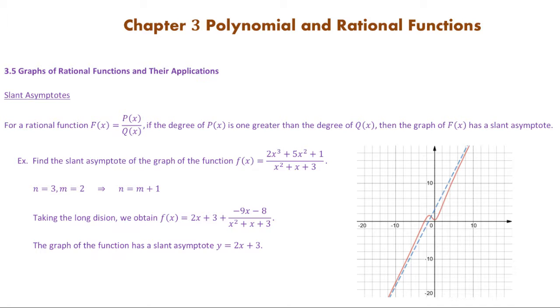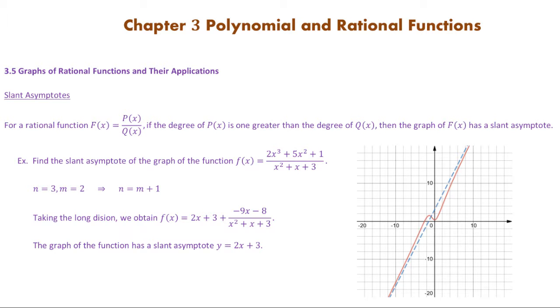So we got the quotient of 2x plus 3 from this rational function, and then obviously there is a remainder of negative 9x minus 8, but that's not our focus. We're just interested in the quotient of 2x plus 3. So in this case, the graph of the function has slant asymptote y equals 2x plus 3, just the quotient.